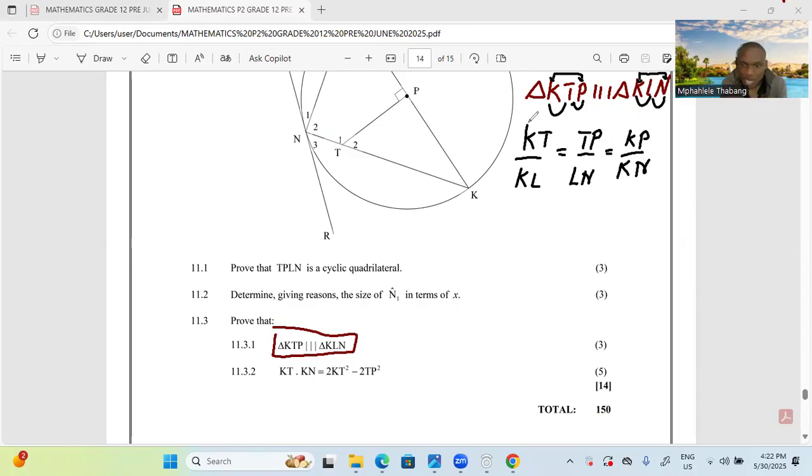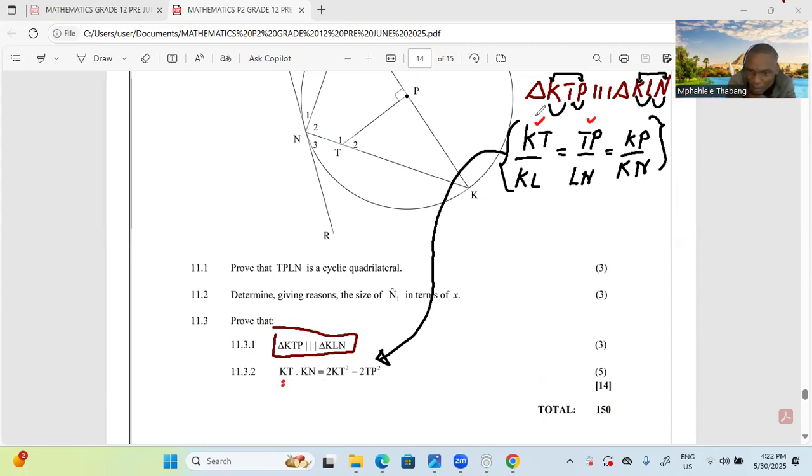Now, after writing something like this, you look at where you are going. You want to prove this. So now you are going to pick two of these. You have to look at the information. We have KT times KN, for example.